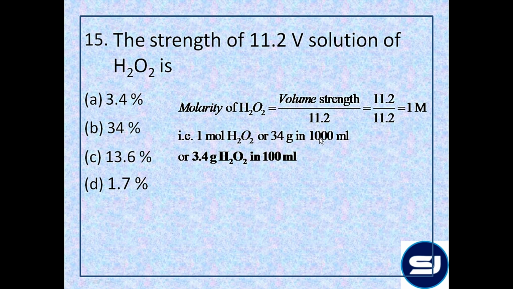But the percentage strength is to be indicated in 100 ml. So if 34 gram is present in 1000 ml, 100 ml would contain 3.4 gram. So this 3.4 itself is the percentage strength of the 11.2 V solution of peroxide. Hence the correct answer is option A.